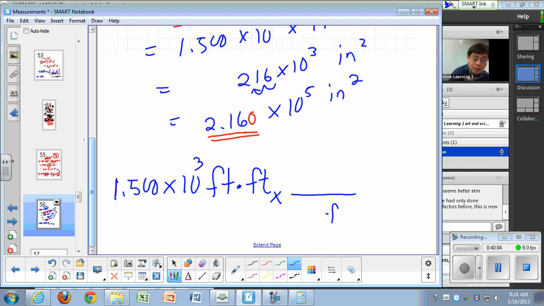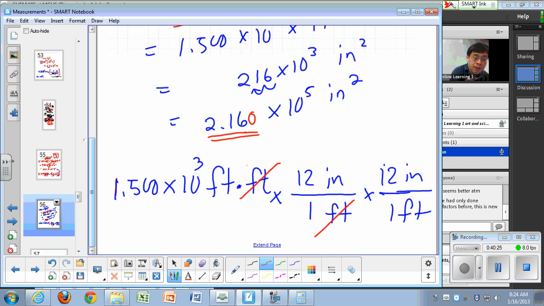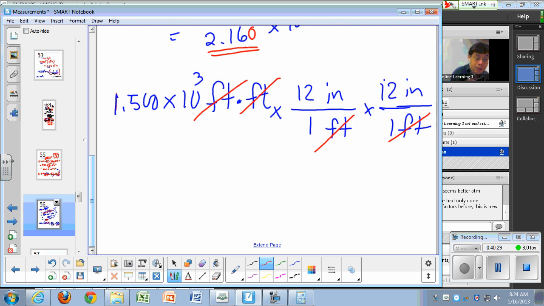So you can say, I want to change feet to inches. So 1 foot is 12 inches. That just gets rid of one of the feet. So I have to do my conversion factor twice, times 12 inches again over 1 foot. So another foot cancels out.